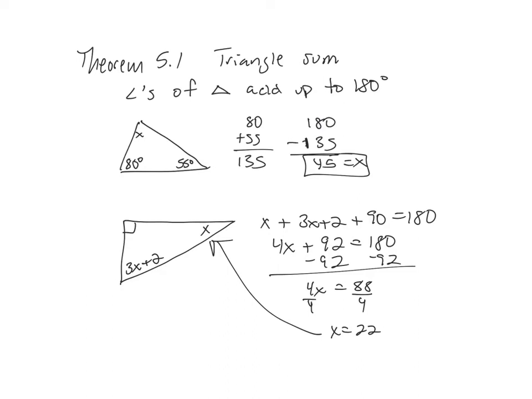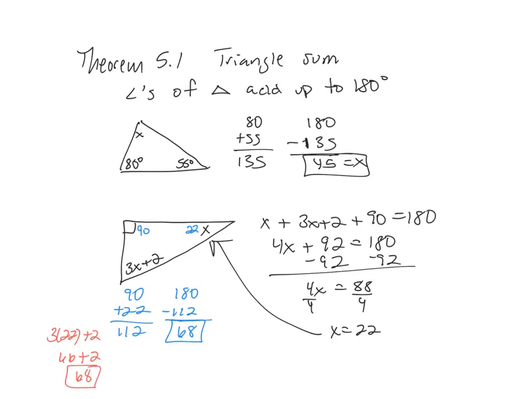You could plug in 22 for x over here, or I know that this is 90, and this one is 22, so if I wanted to, I could just add them up and subtract from 180, or you could plug the 22 in for x, whichever you like better. There's no must be this way, must be that way.